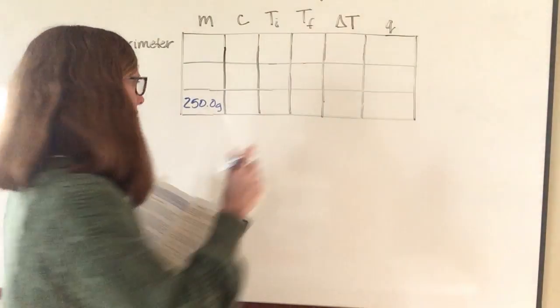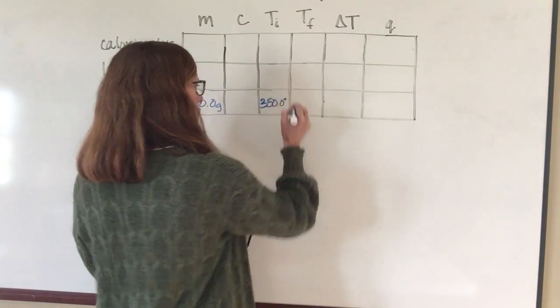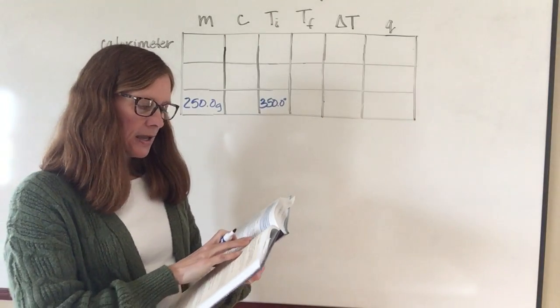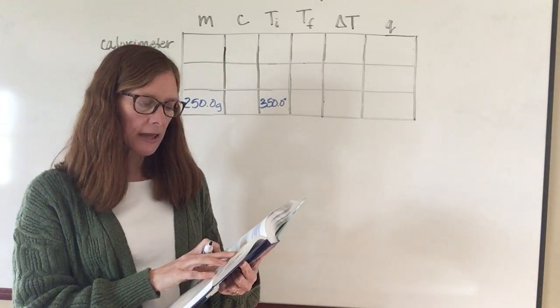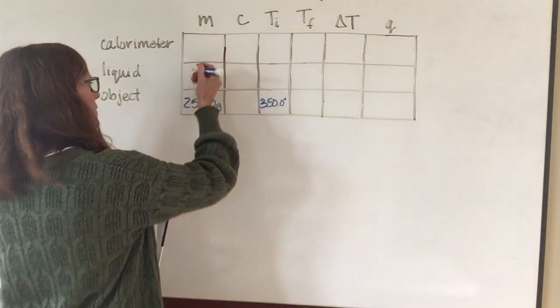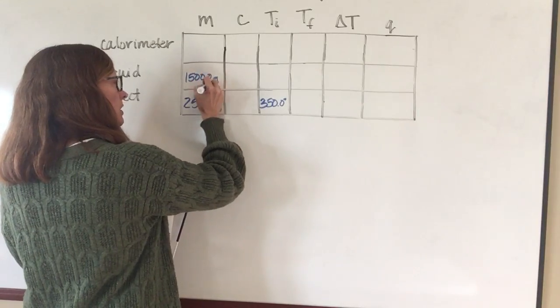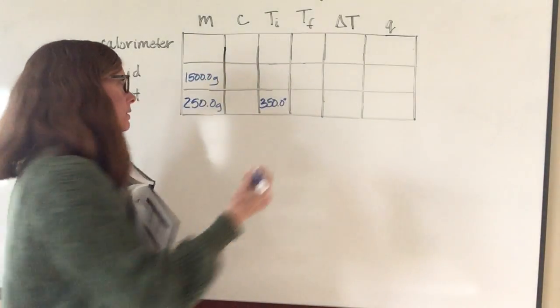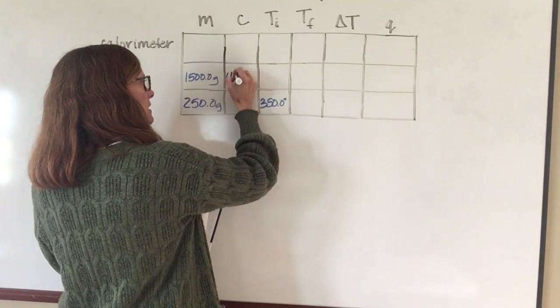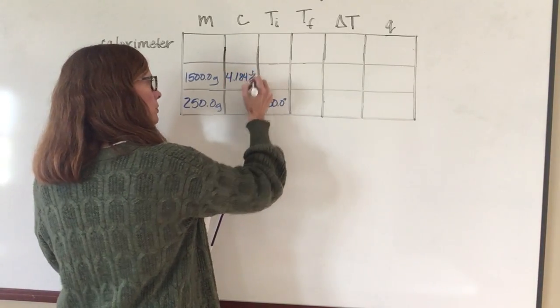So that will be my initial temperature, 350 degrees. It is then dropped into a calorimeter that contains 1,500 grams of water. So that's my liquid, 1,500 grams of water. And if it's water, I know that the specific heat is 4.184 joules per gram per degree Celsius.